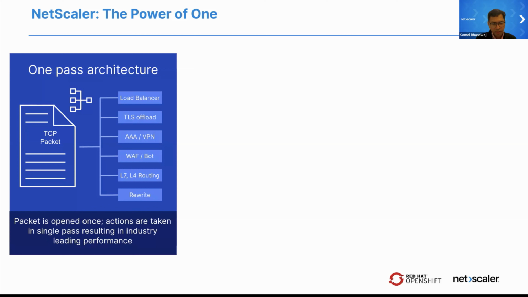The key capabilities that NetScaler brings to the table are load balancing, TLS termination, AAA, web application firewall, layer 7, layer 4 routing, configuring the incoming and outgoing traffic.